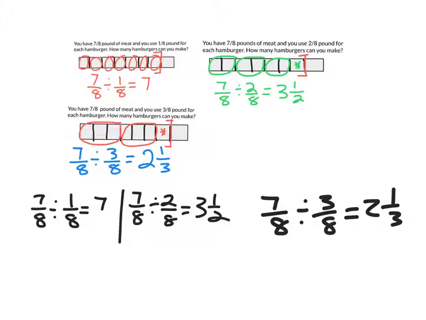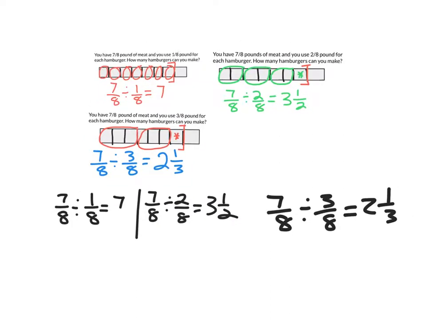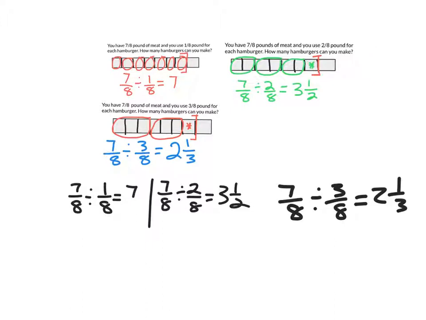Well, let's take a look at our first one over on the left-hand side. If you notice, when we look at our numerators and denominators, I do 7 divided by 1. I went right across my numerators and I got 7 as my answer. And if I did 8 divided by 8, I would have 1.